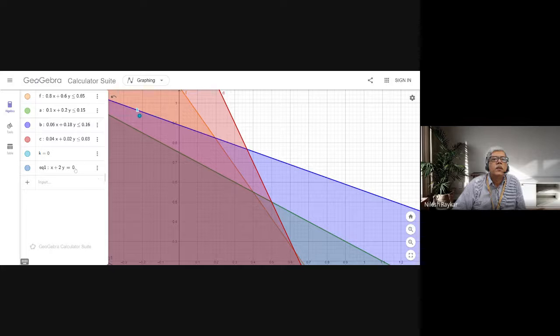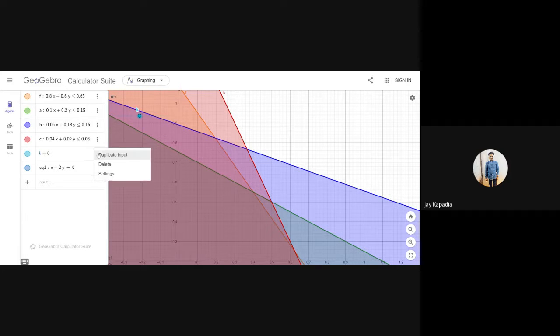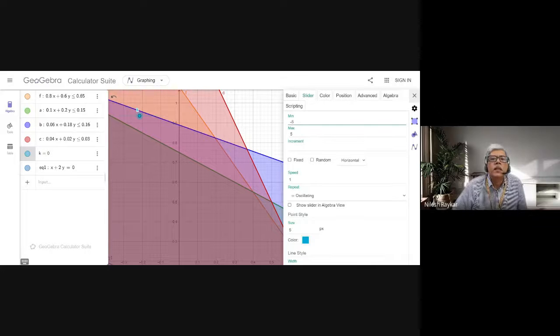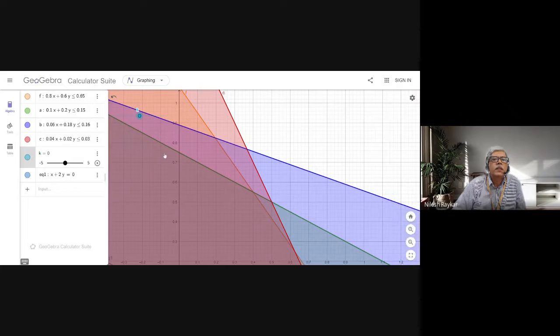Go to the properties of k, that three dot thing, and make it a slider. Give a range from 0 to 5 or whatever. Now if you vary that slider, you can see the line being plotted.